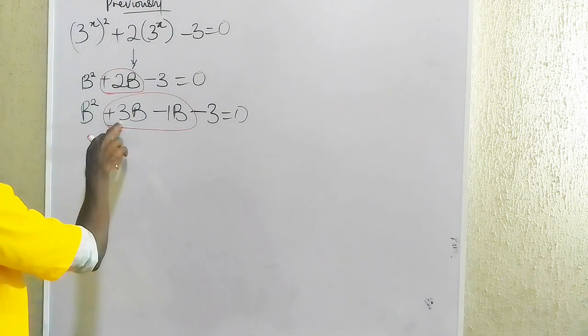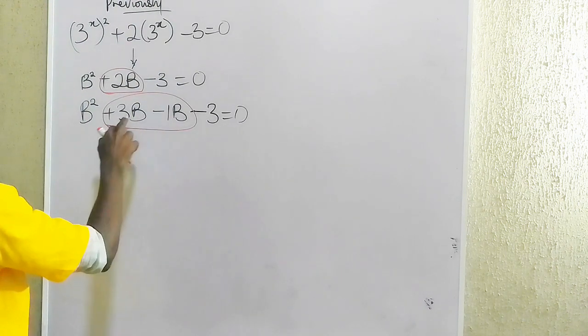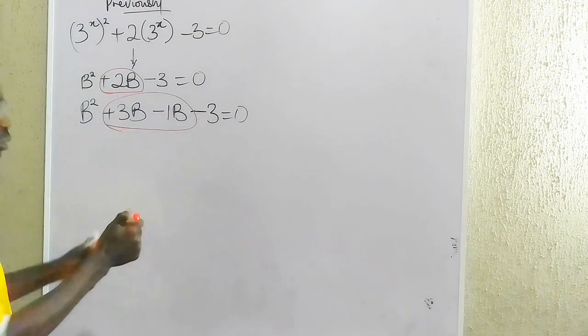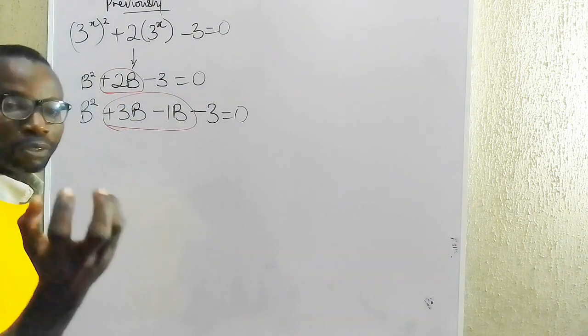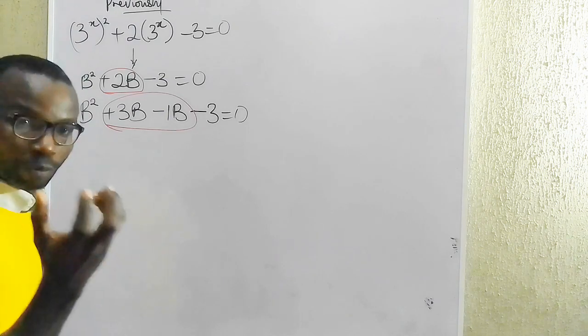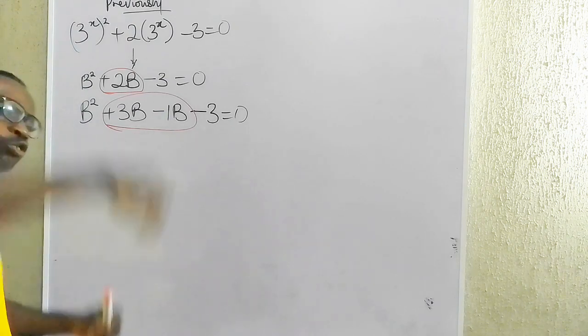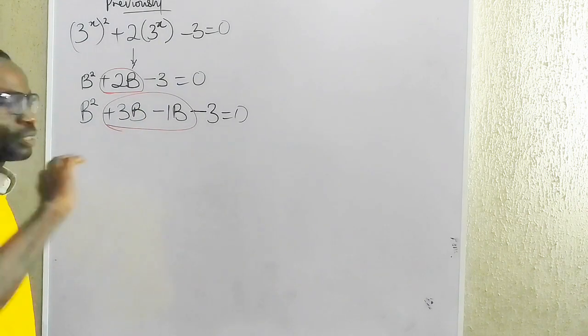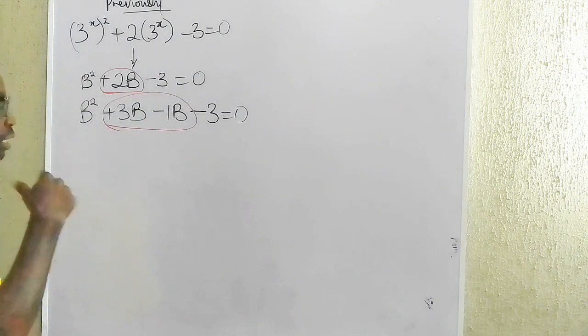So, 3 minus 1 gives us this. Think of 3 loaves of bread, throw one away, minus 1 gives us this. That's what it means essentially.